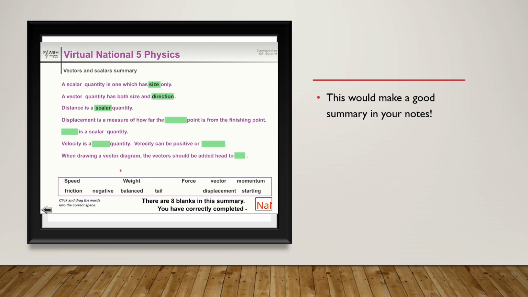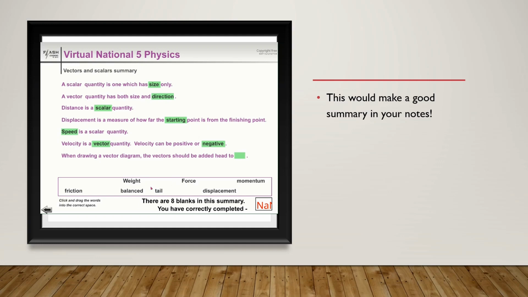Displacement is a measure of how far the starting point is from the finishing point. Speed, I assume. Speed is a scalar quantity. Velocity is a vector quantity. Velocity can be positive or negative.